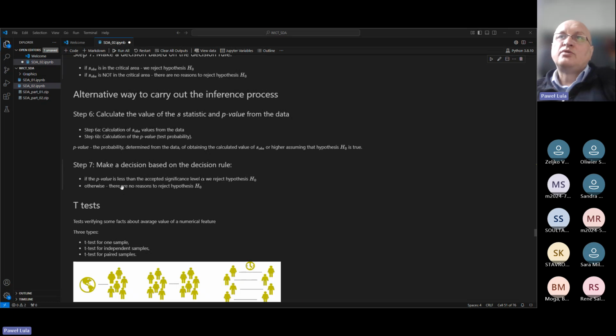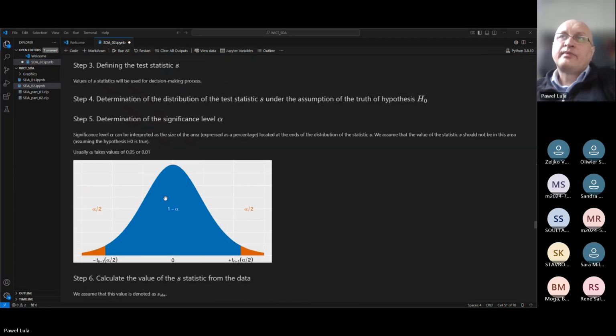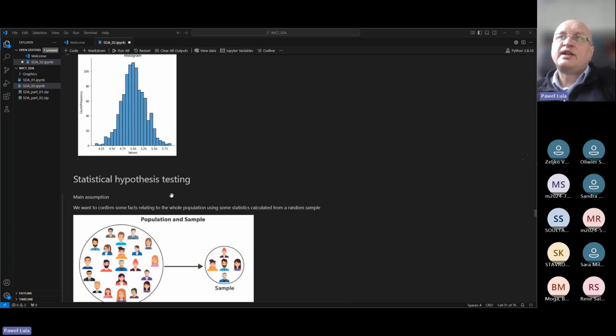If the p-value is less than the significance level, we should reject the zero hypothesis. If not, there is no reason to reject the zero hypothesis. It is a description of the procedure of statistical hypothesis testing.